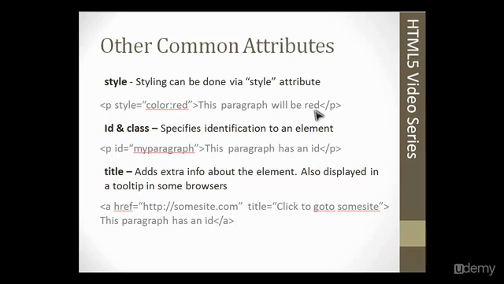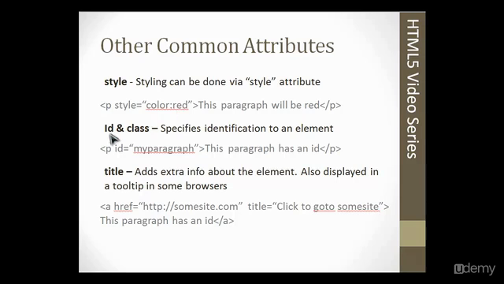This paragraph will be red. And we have the style attribute, which is the name, and then we have the value, which is color red. Now this is a selector. This is a style selector, color. There's many different kinds. There's background color, there's width, height. We'll get into that in a later section.